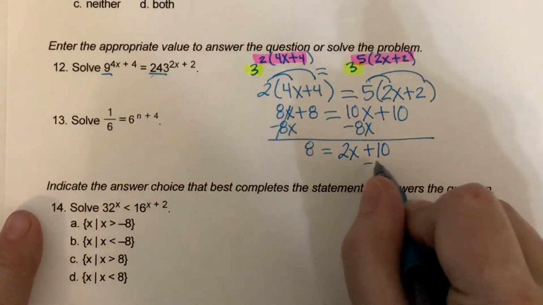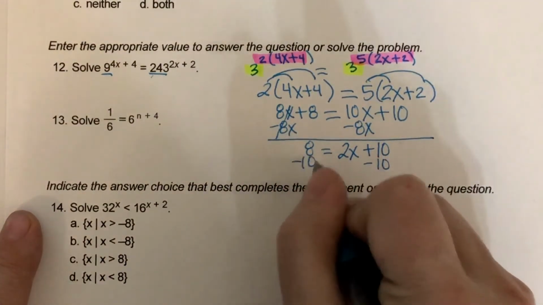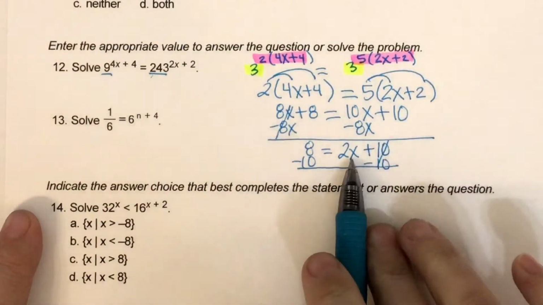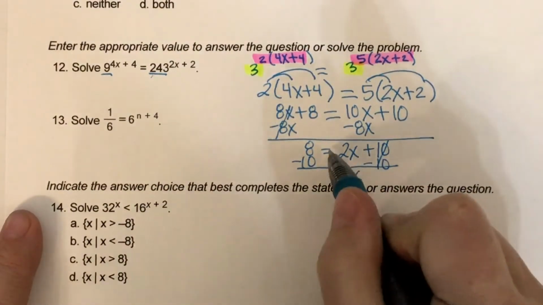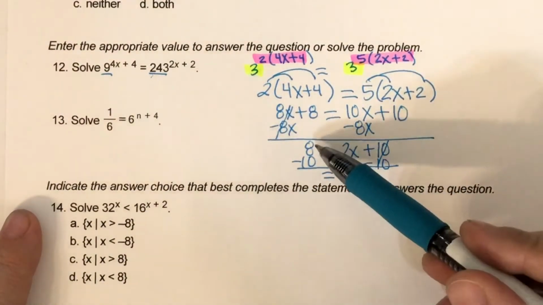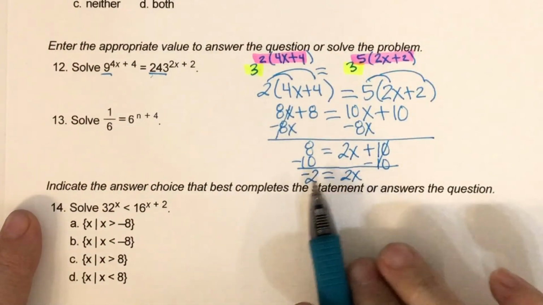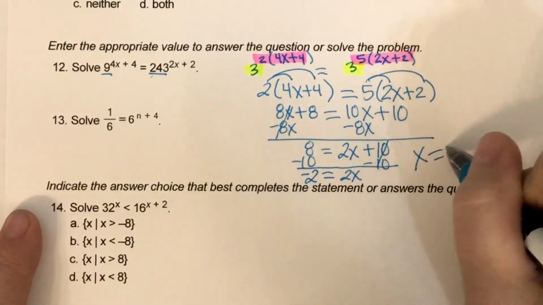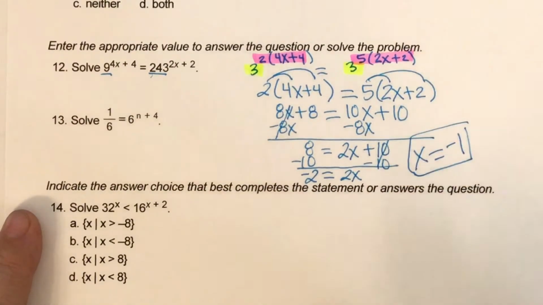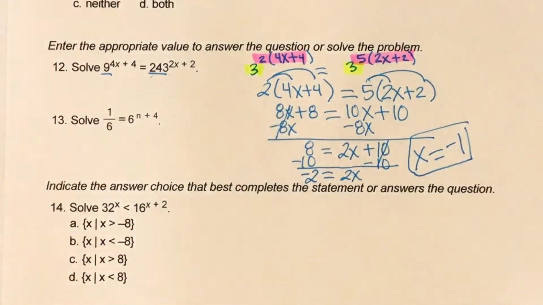Next, I'm going to get rid of the addition of 10 by subtracting. The 2x drops. The equals drops. And 8 minus 10 makes negative 2. So now I would divide by 2. And if I divide by 2, I get negative 1. And that's my answer. X equals negative 1.